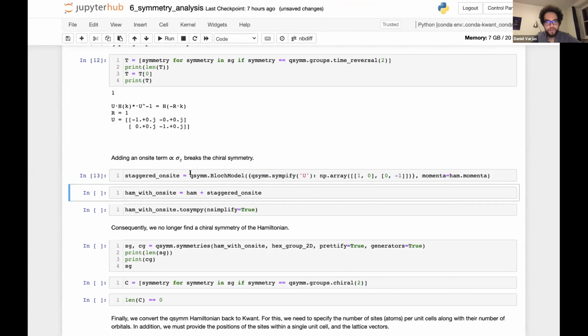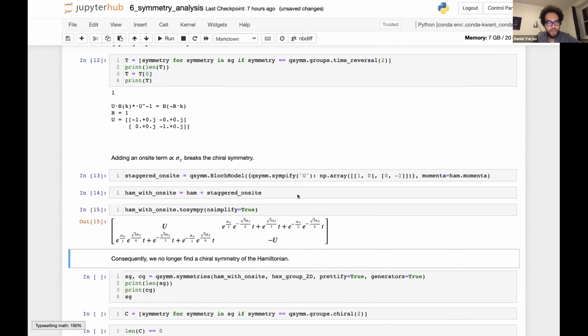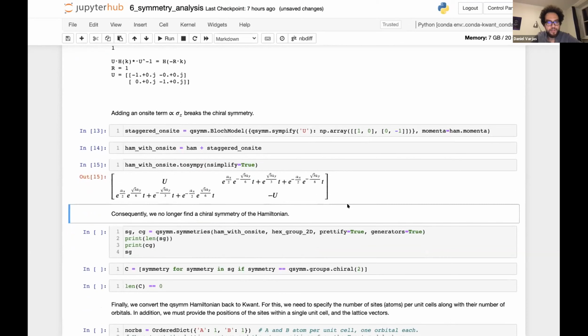So this will also return a Bloch model, which I just described. We can simply add this to our previous model and look at what we get. Well, this is the same as before, except now on the diagonal we have U and -U for the two sublattices.